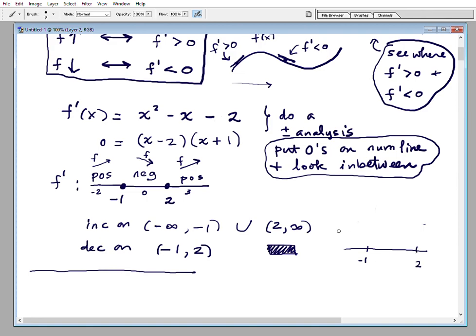I don't know exactly where this function is in relationship to the x-axis, but I know that it's increasing until we get to -1, then it starts decreasing, and then when we get to 2, it increases.